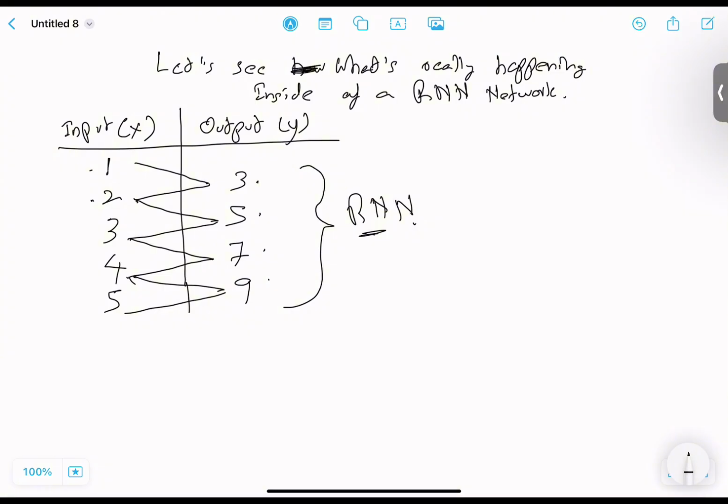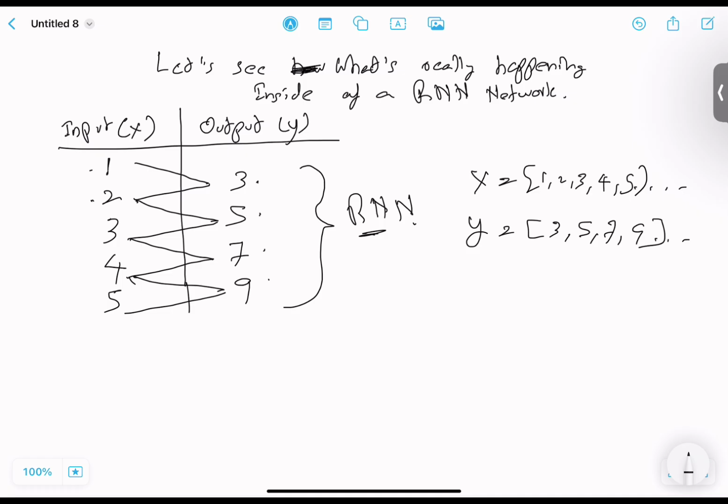Now let's write this again in a proper way. X equals 1, 2, 3, 4, 5. Y equals 3, 5, 7, 9. This will go on and on, right?